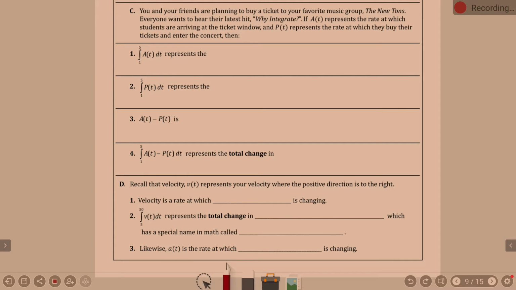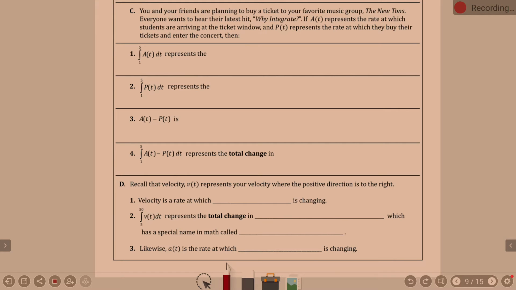So if you go up to the description, A of T represents the rate at which students are arriving at the ticket window, right? It's not the time it takes to get their tickets.